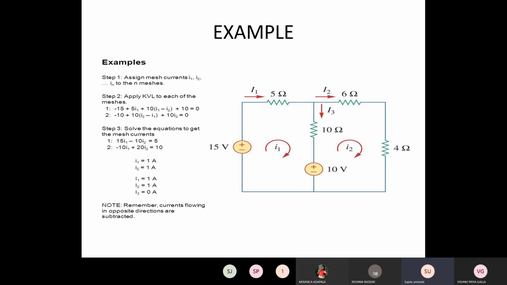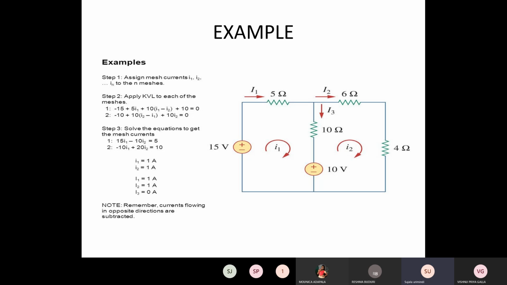But while observing that, if any resistor belongs to two currents, and both are in the same direction, put it as I1 plus I2. When both directions are opposite, then put it as I1 minus I2.